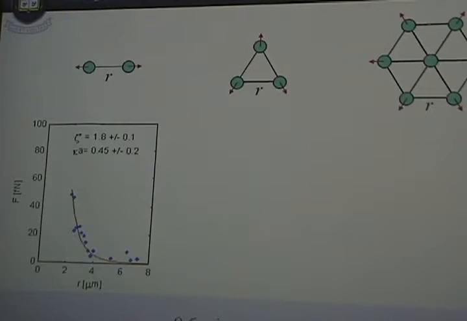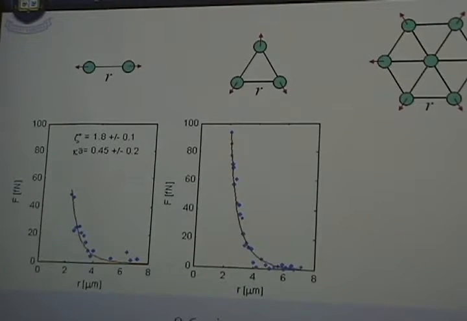Let's bring a third particle in and measure the forces on the expansion mode of the particles. And we found that the red curve here is actually just the sum of the forces from the fit of the two-particle forces that we measured earlier. And it seems that pairwise additivity works great when we go from two to three particles.